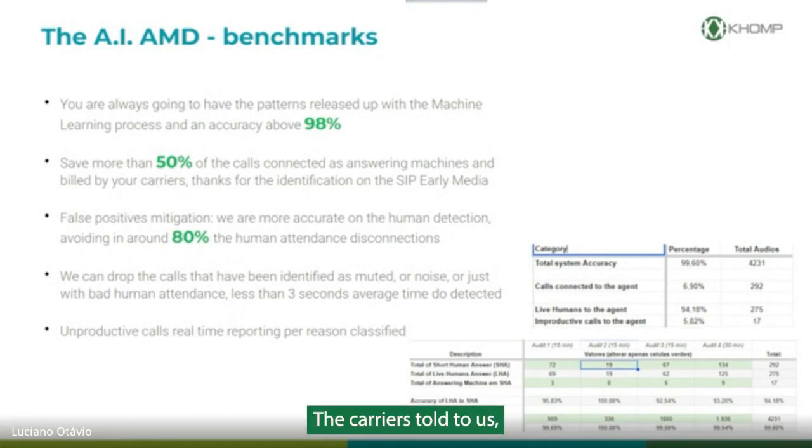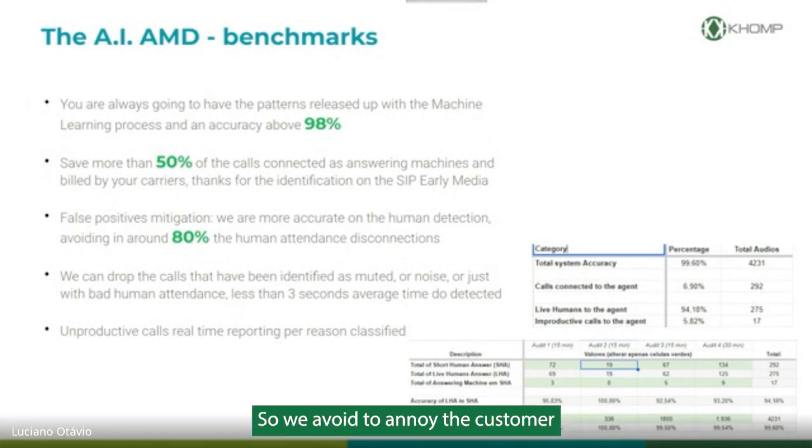The carriers tell us, okay, I'm going to connect our standard voicemail. Are you sure that you are intending to connect this with your agent? They say it over the SIP early media, the SIP 181 and SIP 183. So we are able to detect the SIP early media before the call is connected to the customer.